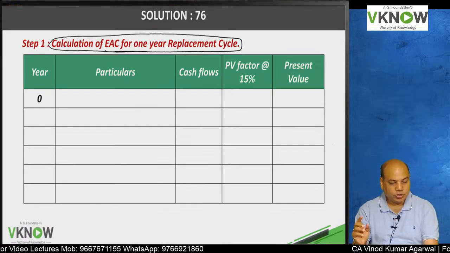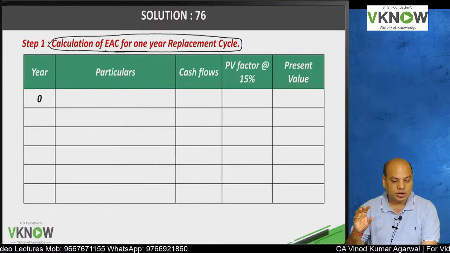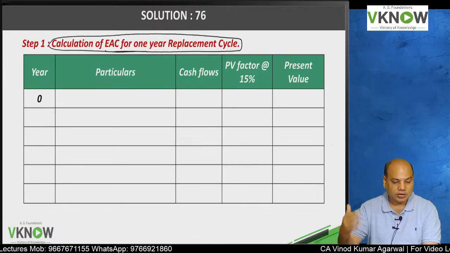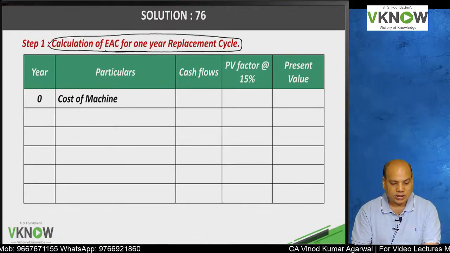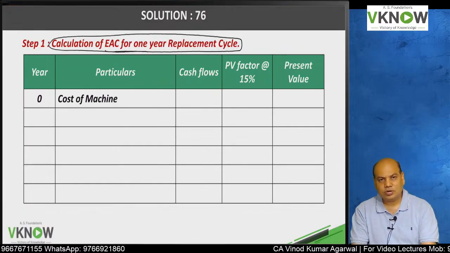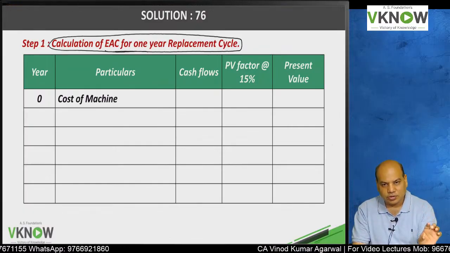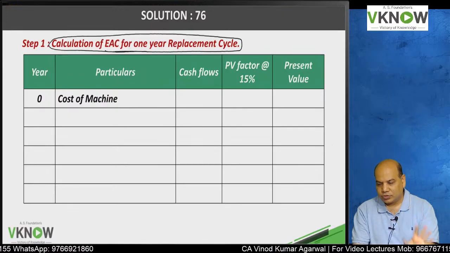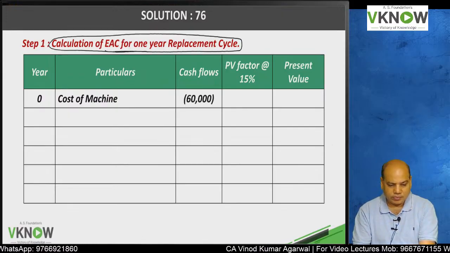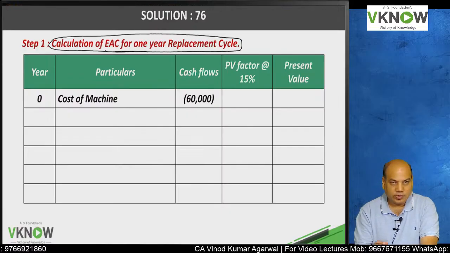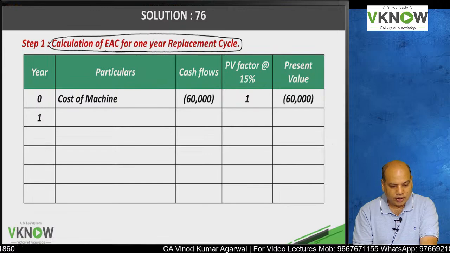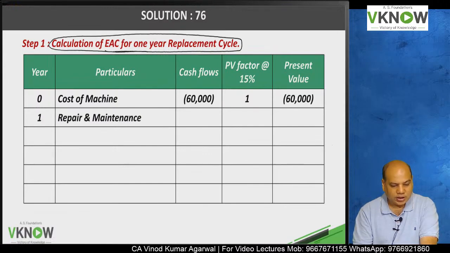So if you use this machine just for 1 year and then replace it by a new asset, what are the various cash flows associated? You only have to consider year 0 and year 1. In year 0, you buy the machine for 60,000, and in year 1, you will incur repairs and maintenance.